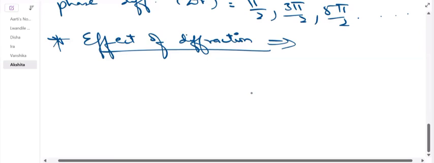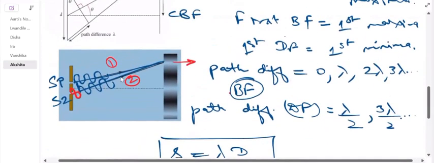So it causes the fringes to get formed on the screen, and also you will see that they vary in brightness as they move from the central fringe to the extreme ends. Here this will have the highest intensity, this will be a little bit low, and then gradually it will decrease, correct? Yes, ma'am.